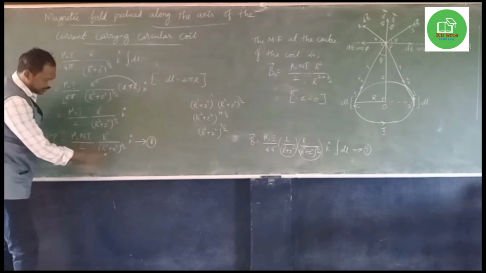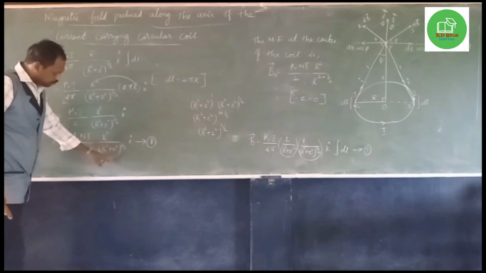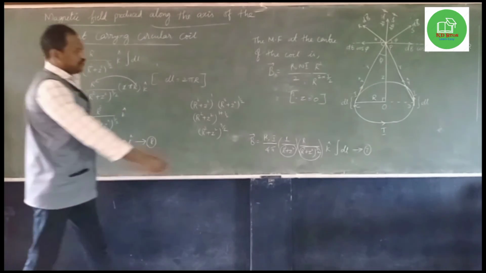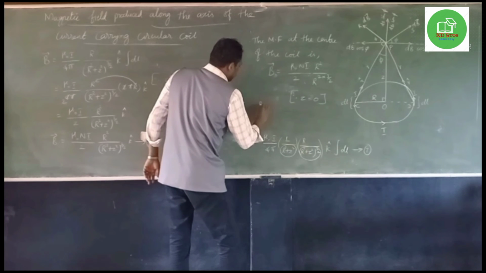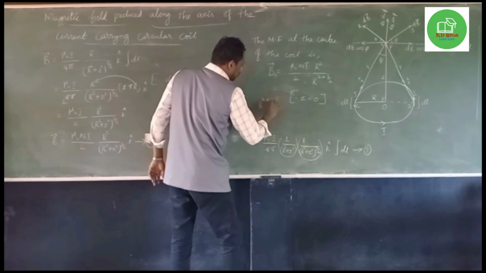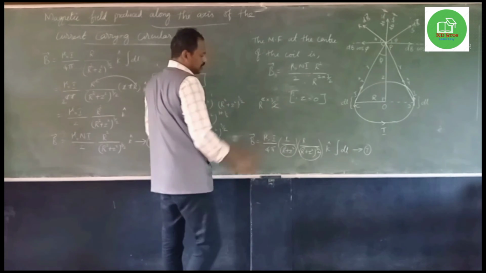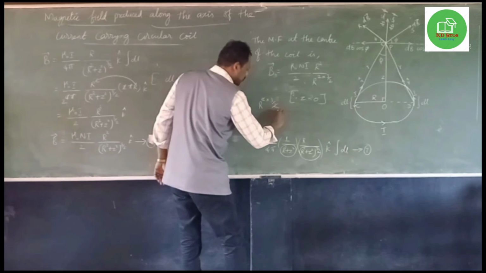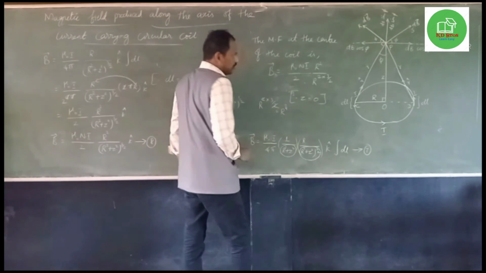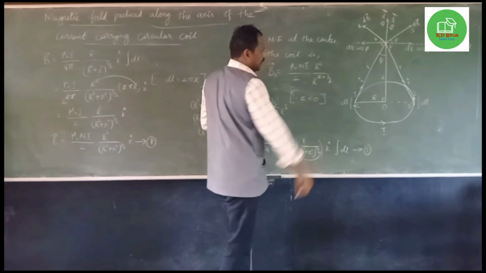If you substitute here, this term will become 0. Then how will this denominator be modified? It becomes r square power 3 by 2. So this square will get cancelled with the 2, and you will get r cube. Now this r cube we have to substitute. The 2 will get cancelled.